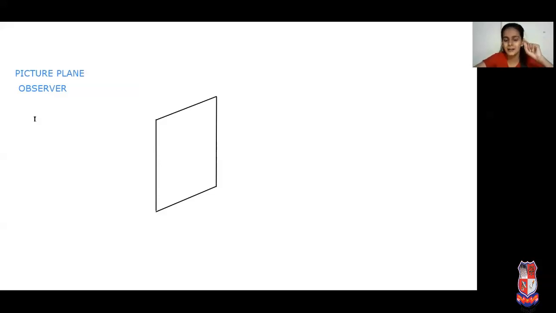Their eyes are the observer. If I'm going to click a picture with a camera or mobile, it will appear on a screen. So here, the camera lens is the observer and that screen is a picture plane. This is the simplest form of example related to picture plane and observer.